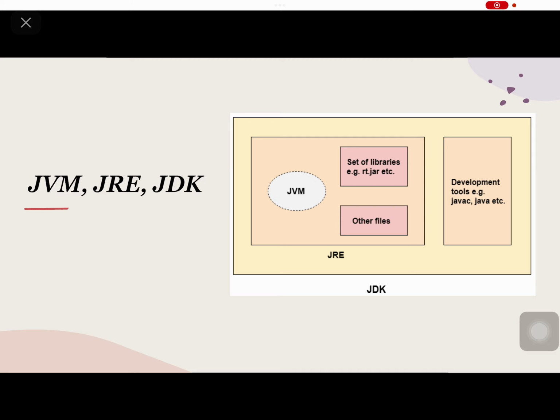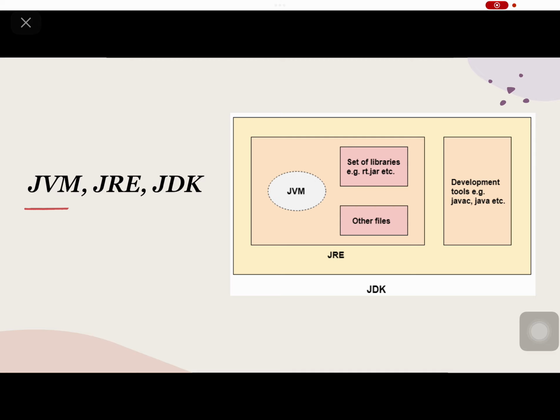So JDK, JRE and JVM. What do we mean by this? JDK is nothing but the Java Development Kit. JRE is the Java Runtime Environment, and JVM, the Java Virtual Machine, is an abstract machine. It is called a Java Virtual Machine because it doesn't physically exist. It is an application that provides a runtime environment in which Java bytecode can be executed.